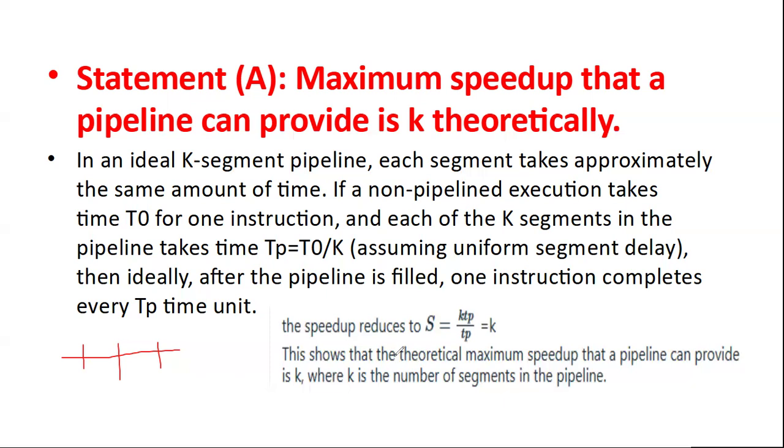See, here one equation is given, that is the pipelined segment. This is the pipelined segment. This is the non-pipelined segment. So how can we show the speedup? We can theoretically prove that the maximum speedup that a pipeline can provide is K, where K is the number of segments in the pipeline. Okay. This statement is also true, but next statement.